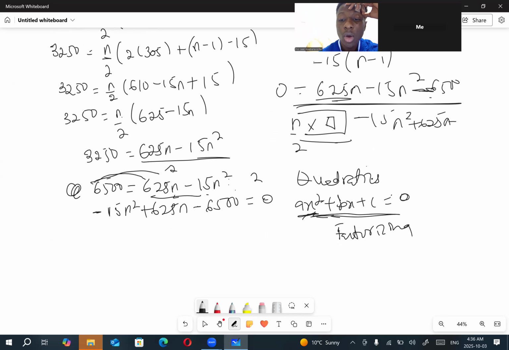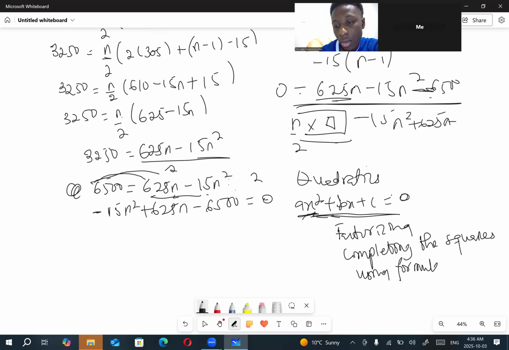You factorize, or you solve by completing the squares, or using the general formula, or solving graphically. All of these will give you the same answer. So I'm going to let us use the calculator. I'm not going to teach factorizing because this is already a step, so it wouldn't matter.